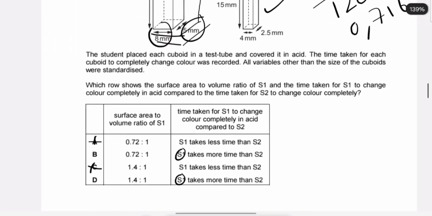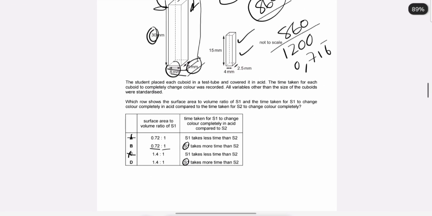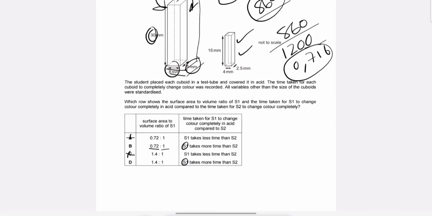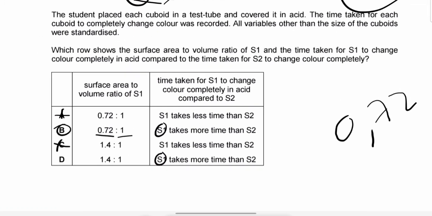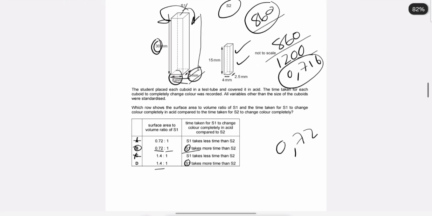And looking at this, we have 0.72 S1 here, which is close to this 0.72. So we go with 0.72 S1 and this, other than 1.4 S1.